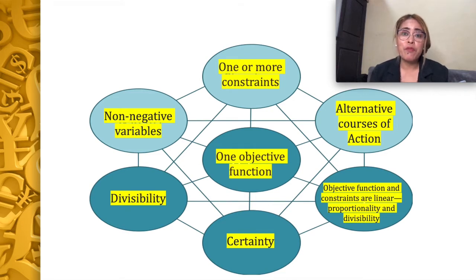The second property that LP problems have in common is the presence of restrictions, which we also call constraints. These limit the degree to which we can pursue our objective.